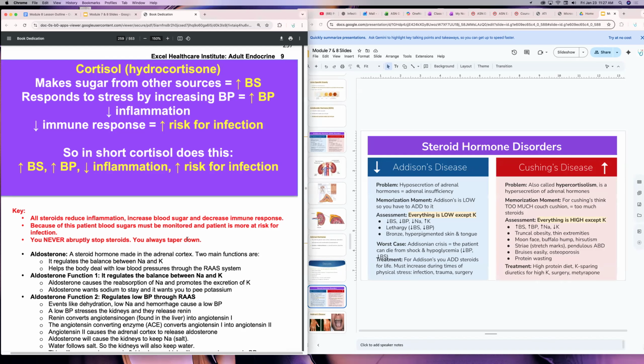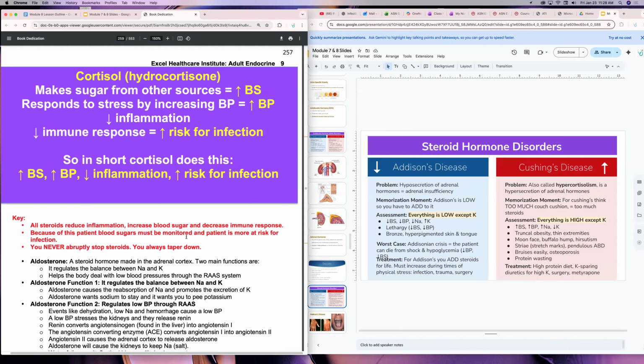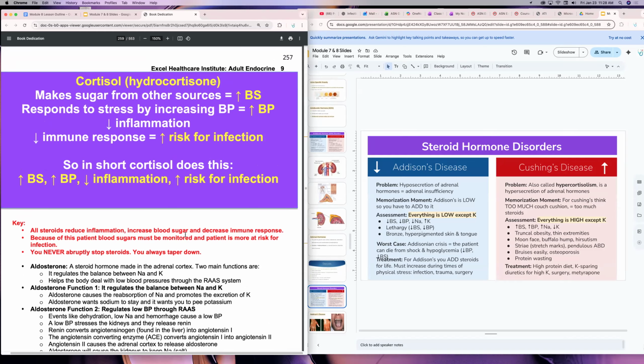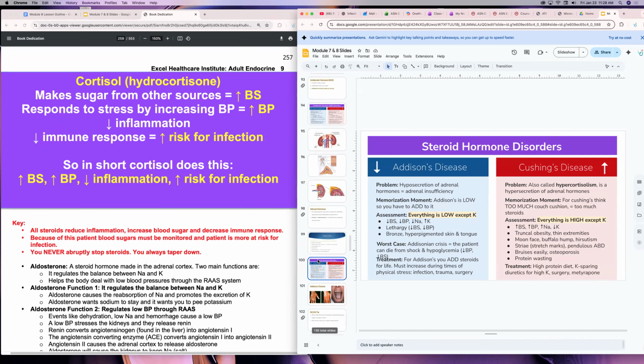And remember, this is also all in your study guide, so please make sure you read the entire chapter, okay? So now we're going to talk about the steroid hormone disorders. First off, we have Addison's disease versus Cushing's.